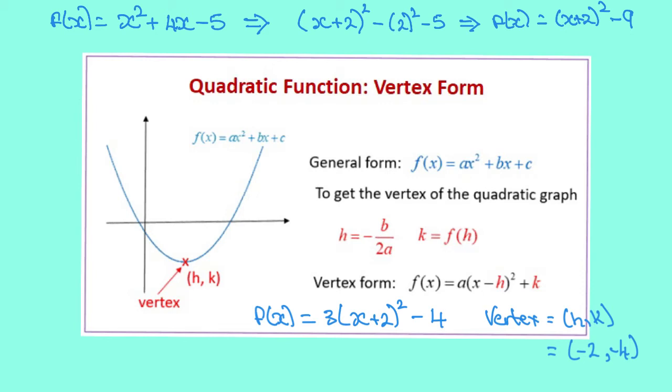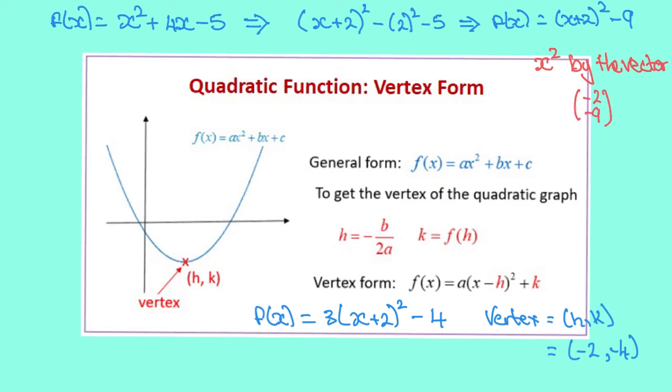A quadratic in vertex form can also be seen as a series of transformations. For instance, f of x equals x plus 2 all squared minus 9 is transforming the parent function x squared by the vector (minus 2, minus 9).